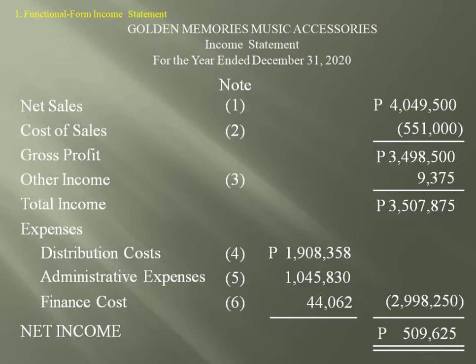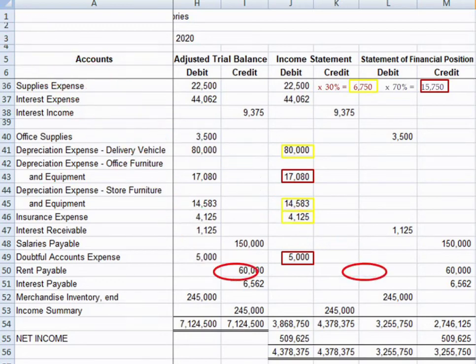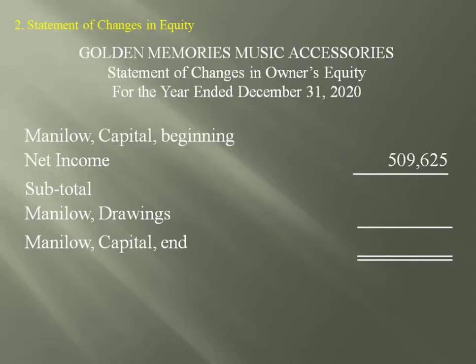And that completes the income statement of Golden Memories Music Accessories. Take note, this net income of 509,625 is the very same one we can find in the 10-column worksheet, and which we have to carry forward to the statement of changes in owner's equity.